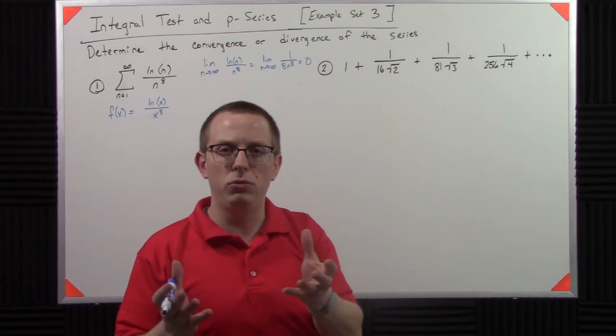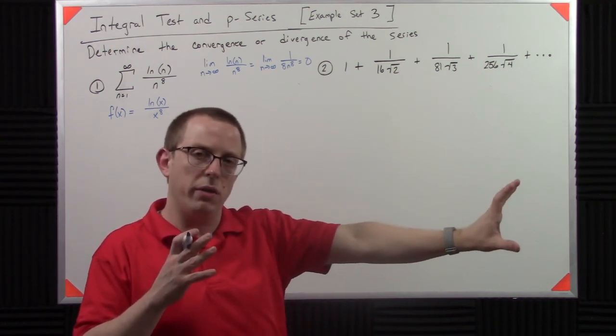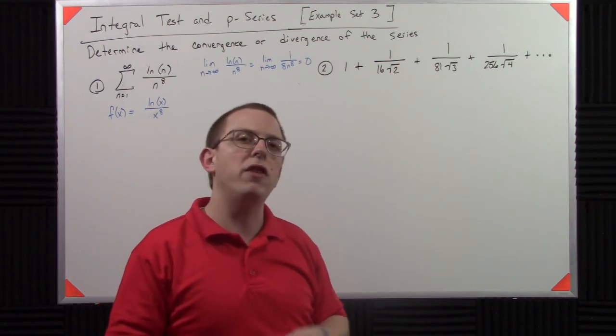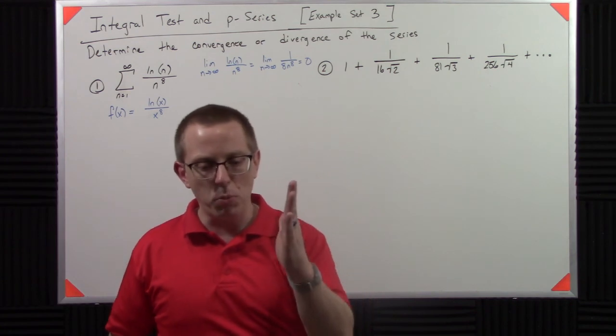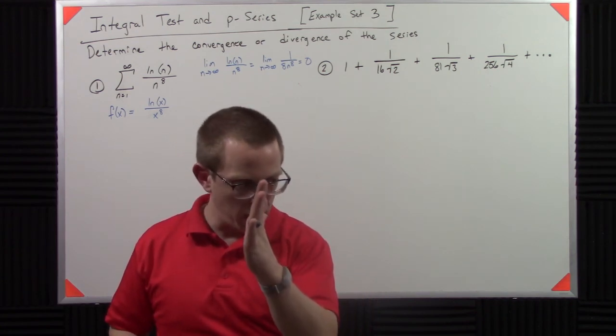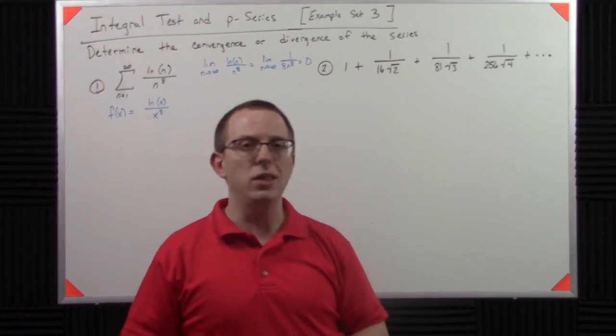Those are chump change when we look at the totality of infinity. So as long as we can find some value where, once I hit this point, everything after that is positive, continuous, and decreasing, then it doesn't matter.